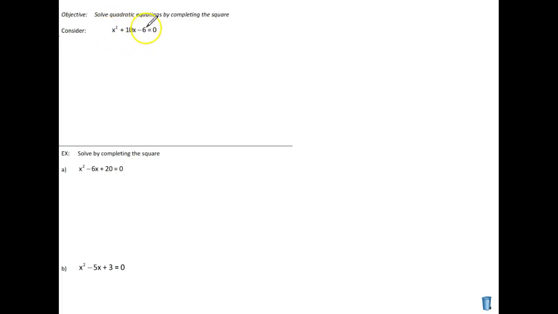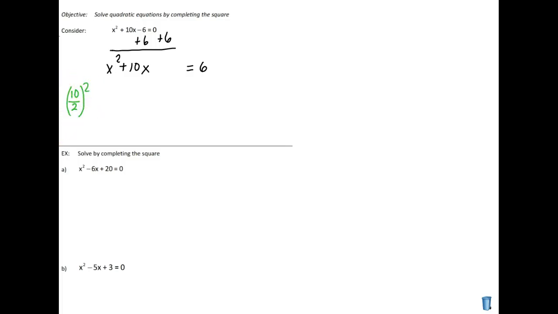And then I'm going to move my c value to the other side of my equation. So then what I have is x squared plus my 10x, and that is going to equal 6. This is just like what we were looking at in the last couple, and I said, okay, what I'm looking for is my b value divided by 2, and then square it.